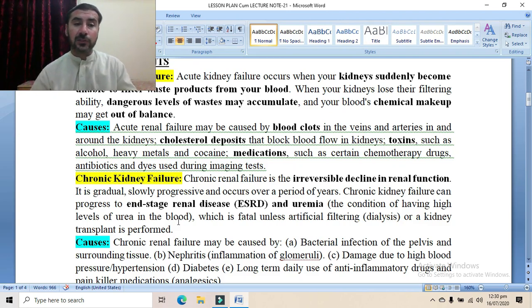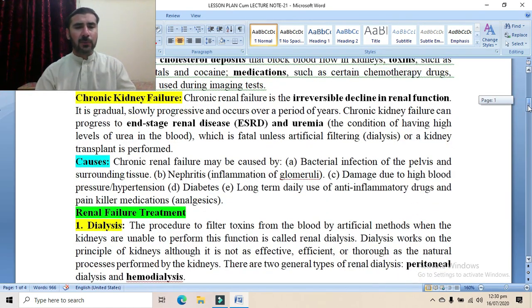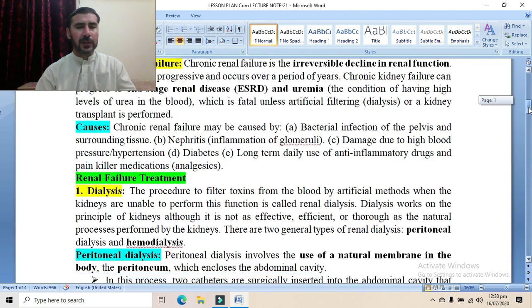It can cause death of the patient. So whenever there is any such case, artificial filtration is required, or kidney transplantation is performed to permanently resolve the issue. What are the causes of chronic renal failure or chronic kidney failure?